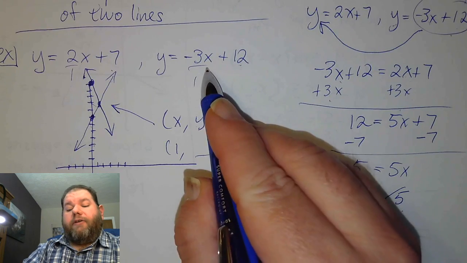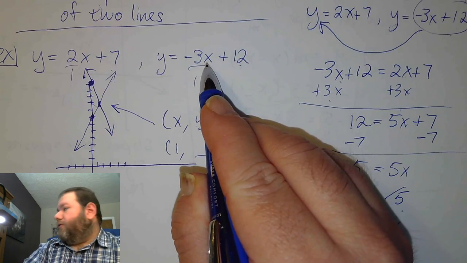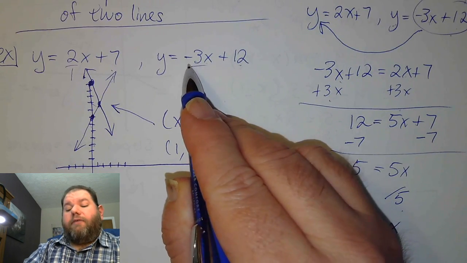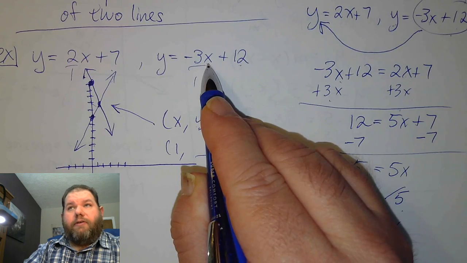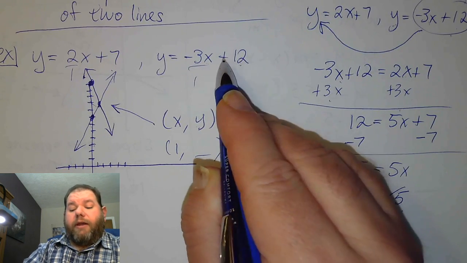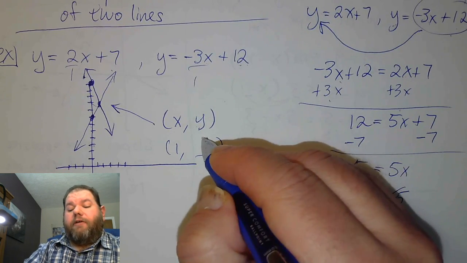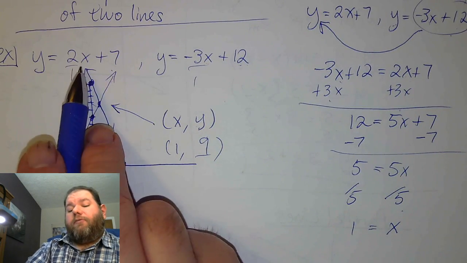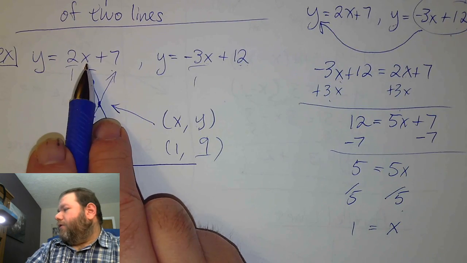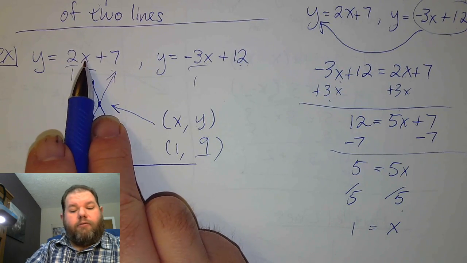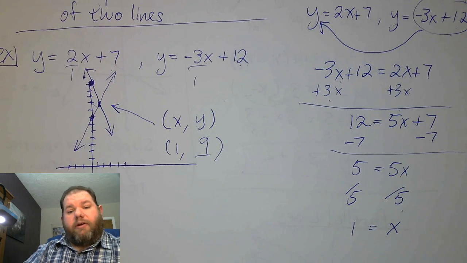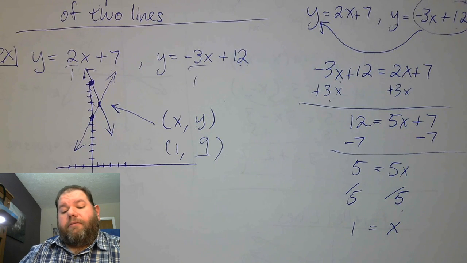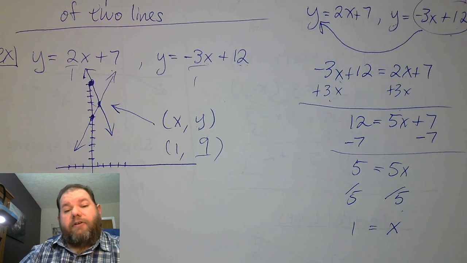So if we plug in x equals 1 to this equation, negative 3 times 1 is negative 3. And then we add 12 to that, so it's positive 9. And we would actually get the same result if we plug in x equals 1 here. 2 times 1 is 2, plus 7 makes 9. The whole goal here is to find the point that is in common to both lines.